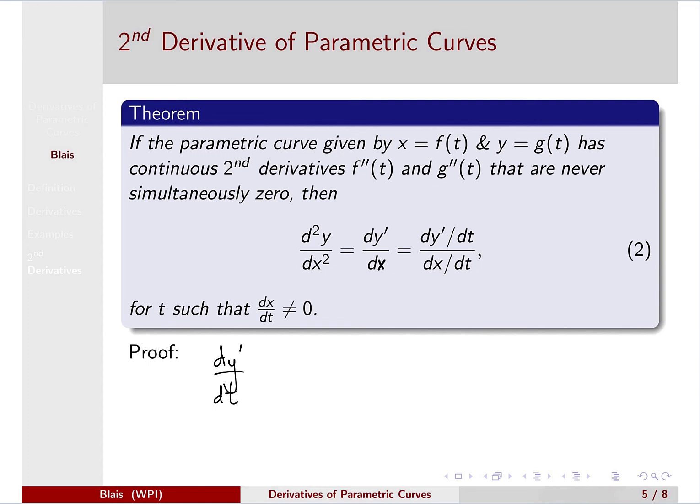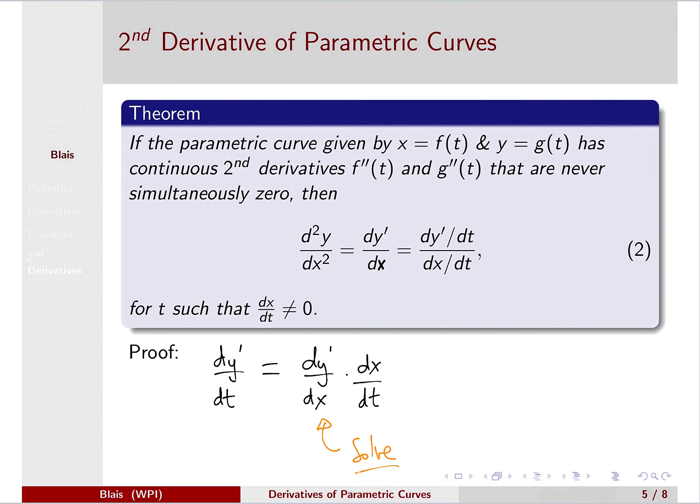So if we want dy prime/dt, then that can be written as dy prime/dx times dx/dt by the chain rule. And again, as we did before, if we solve for this term, which is the second derivative that we're after, we get dy prime/dt divided by dx/dt.